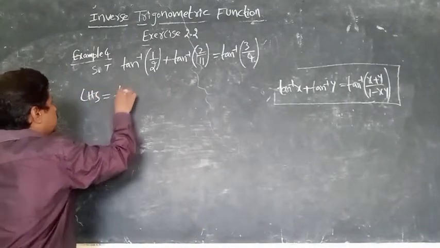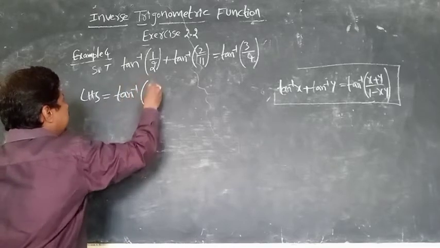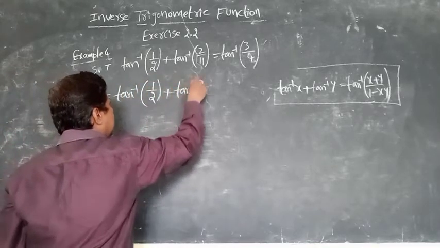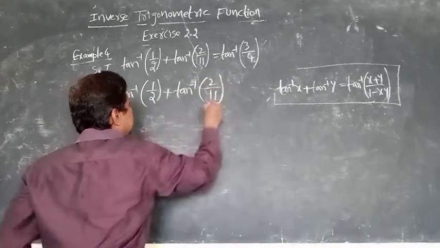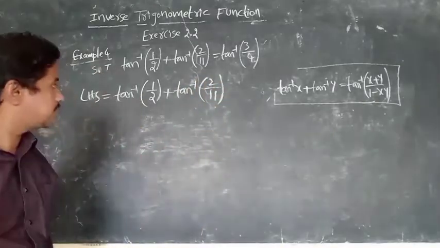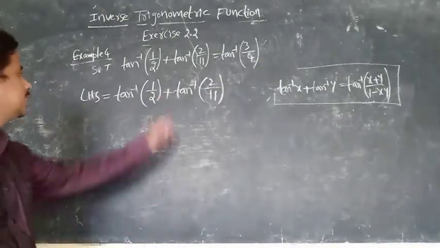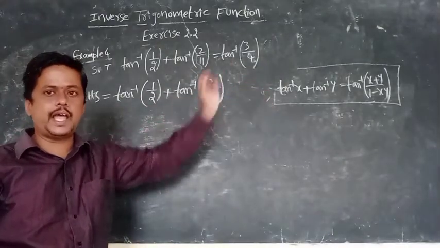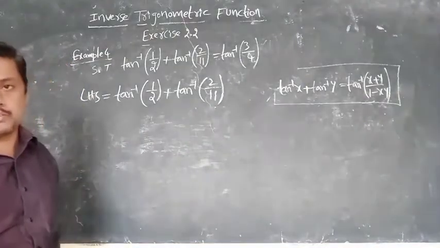LHS is equal to tan inverse of 1 by 2 plus tan inverse of 2 by 11. According to the formula, tan inverse of (x plus y) divided by (1 minus xy).